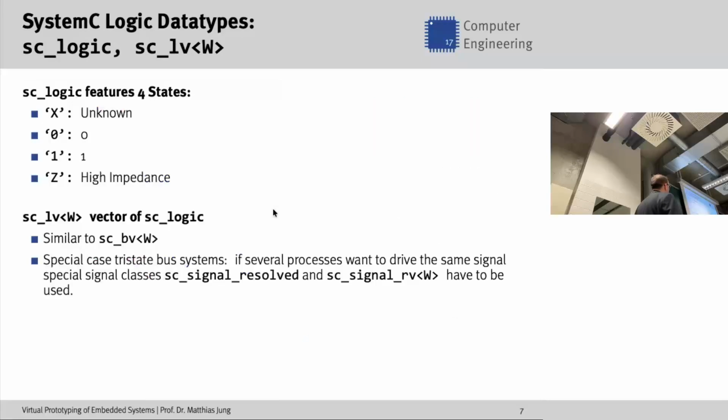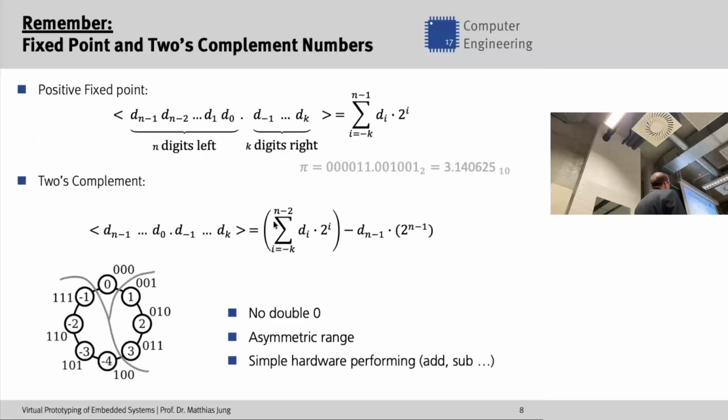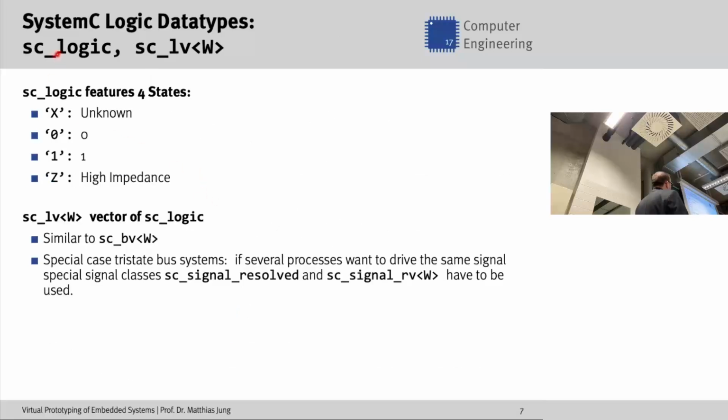Here we have just 4, but okay, if you would need more, you could also derive from this SC logic your own logic class, and then you can put even more states if you need it. Yeah? But for the standard, they said, okay, we just use X, 0, 1, and high impedance.